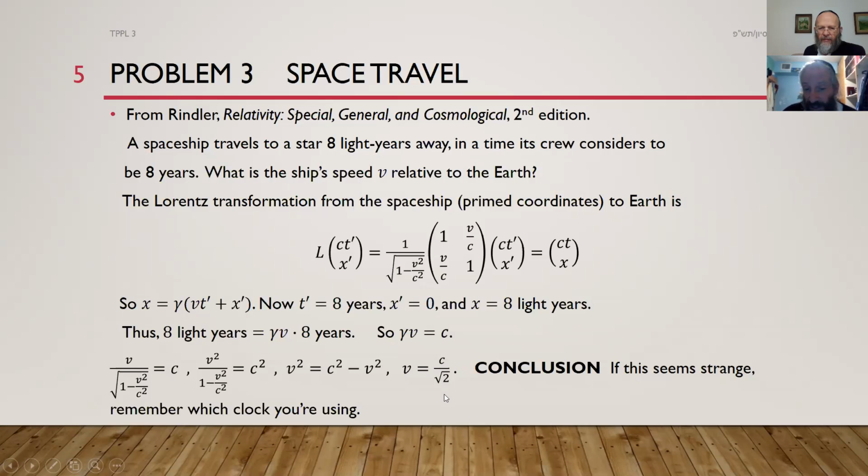They were traveling less than the speed of light, and they also got there in 8 years. How is this possible? It's because it depends on which clock you're using. The clock on the spaceship says 8 years. The clock on the Earth will say about, probably, square root of 2 times 8 years, which is about 12 or 13.